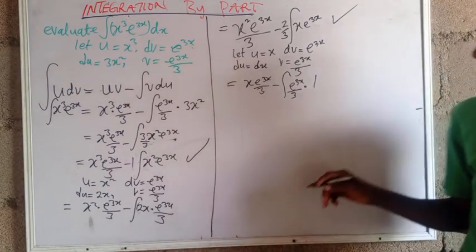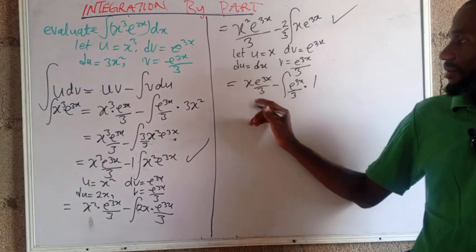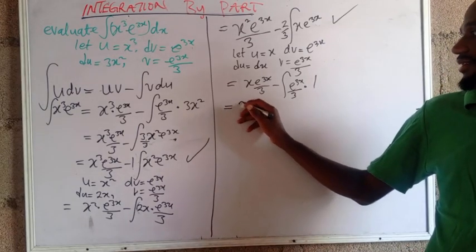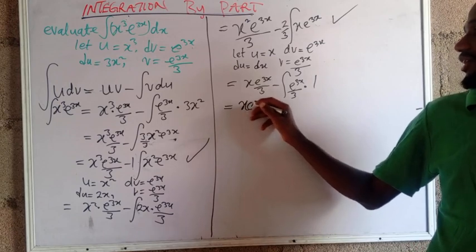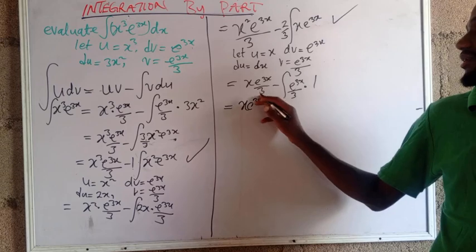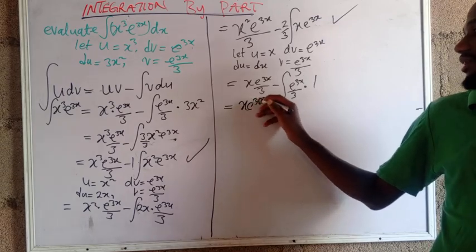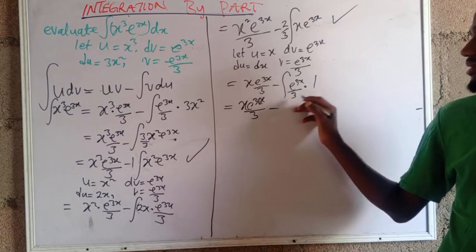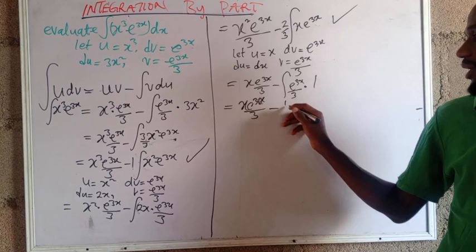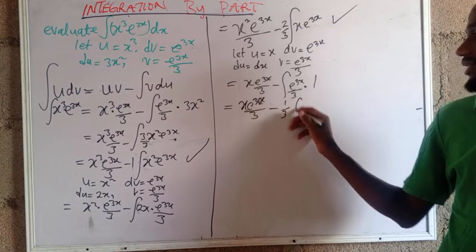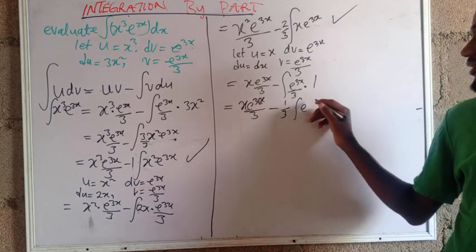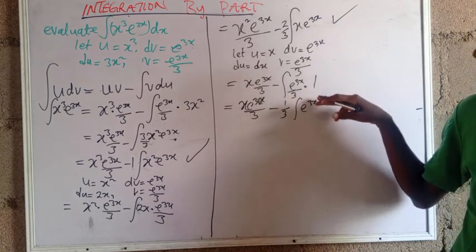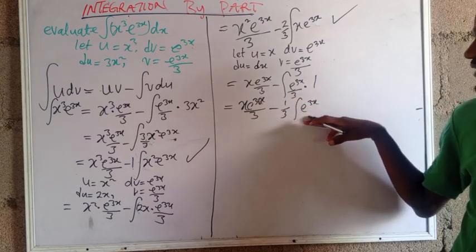Okay, and the next thing to do, I'm going to simplify and get something like x exponential 3x all over 3, that is minus 1 all over 3 integral of exponential 3x, that is, if you multiply this by 1, we get this.